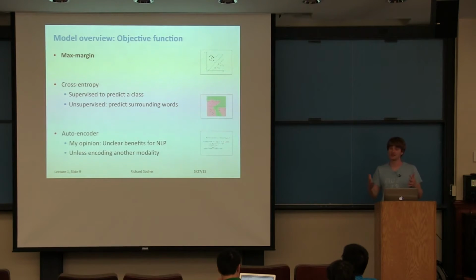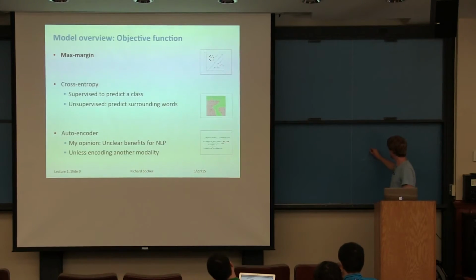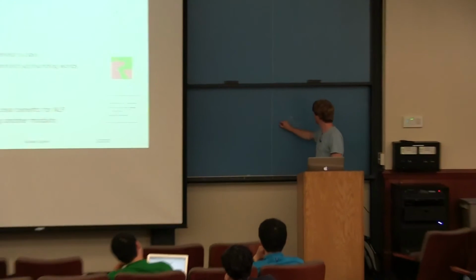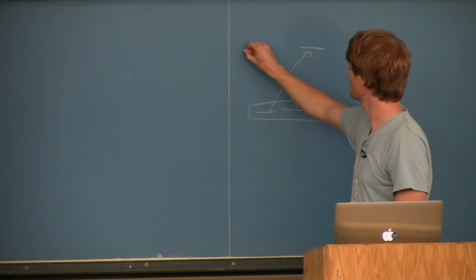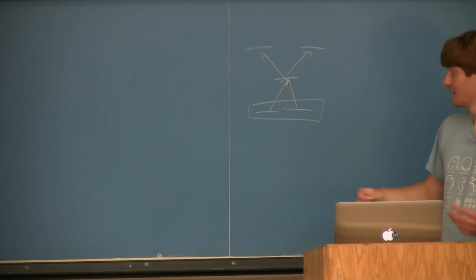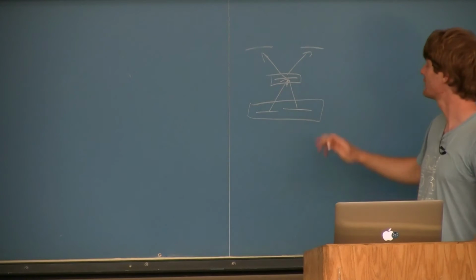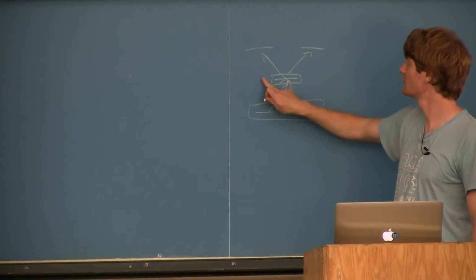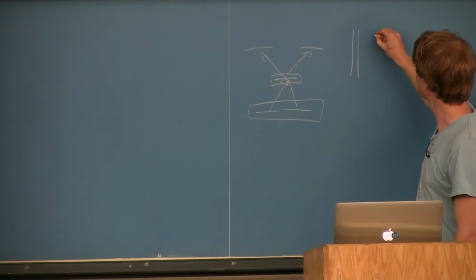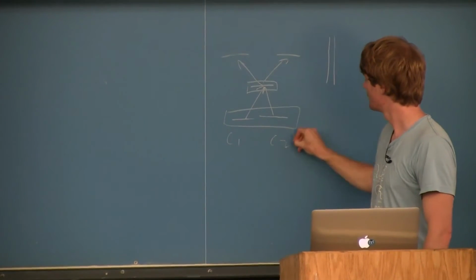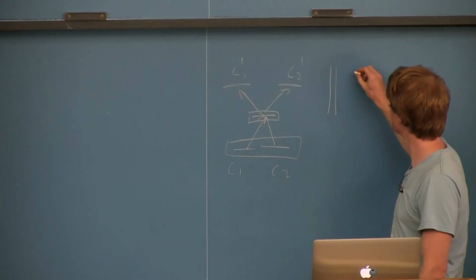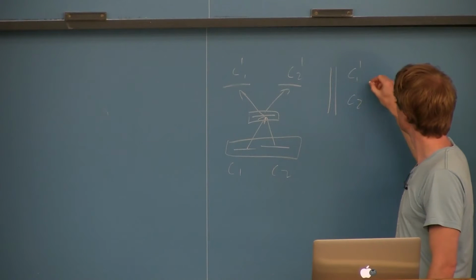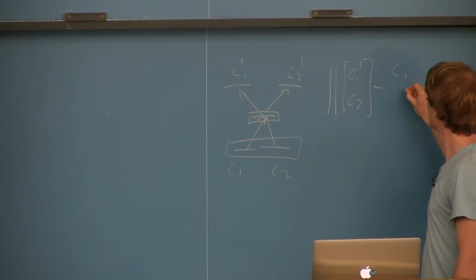What is an autoencoder? It's essentially a very simple neural network function. In our case, you could think of it as being given two vectors as input. It maps them to one vector and then tries to recover these two vectors. You would think this vector is now a good vector because you're able to recover the original input. So the objective function is: you have child 1, child 2, and the recovered child 1 prime and child 2 prime, and you're trying to minimize the difference between the vector C1 prime, C2 prime and the original C1, C2.